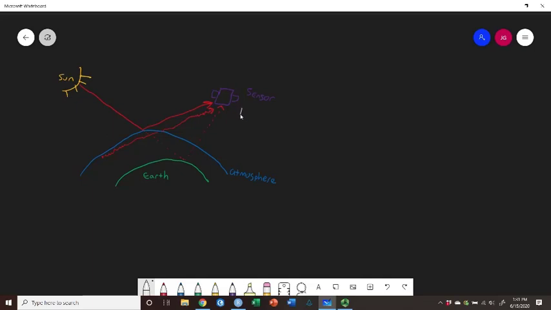So we call this top of atmosphere radiance, because it's the radiance that includes things from the atmosphere. Again, this is what happens if we just take the information from the sensor as is. Those pixel values represent top of atmosphere radiance.